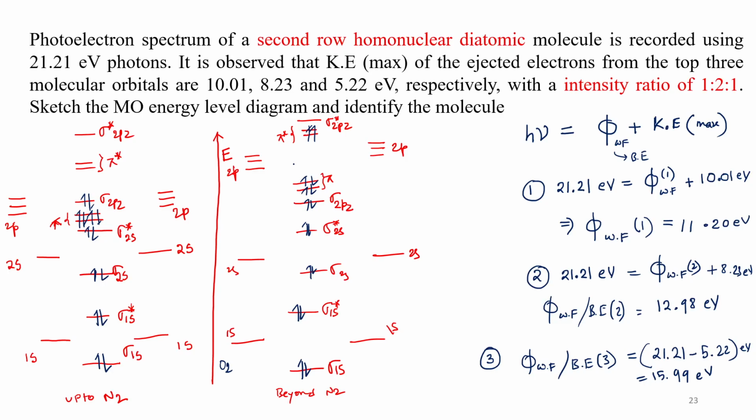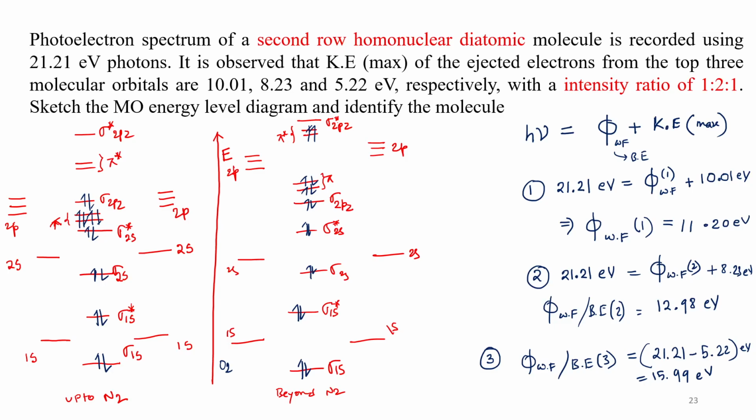But in the case of oxygen, these pi electrons have similar energy. If you see from the energetics also, 11.20, the binding energy is 13, and this is 15.99. So actually your molecule could be nitrogen or oxygen, and we cannot really be sure which one it is.